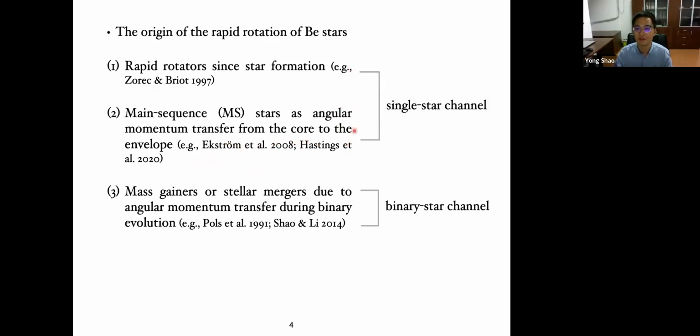This involves a single star channel. And the third channel is that Be stars are mass gainers or stellar mergers due to angular momentum transfer during binary evolution. This is a binary star channel.